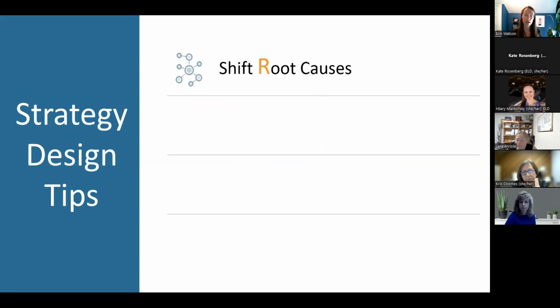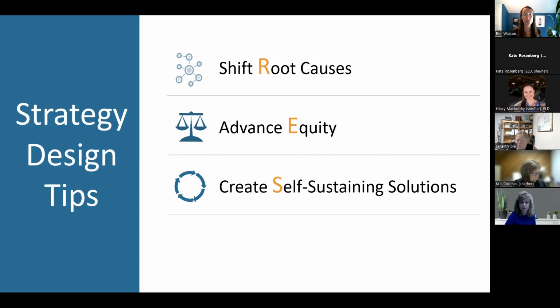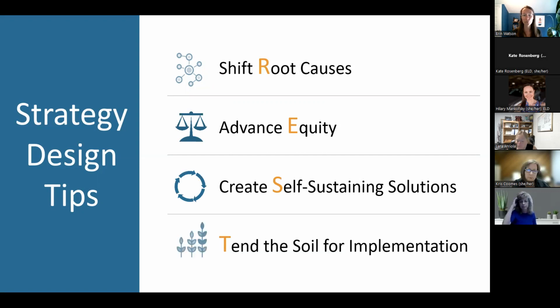First is shift root causes, and not just one root cause, but a series of root causes. Design strategies to advance equity. Design self-sustaining strategies. And tend the soil for implementation. We're going to touch on each of these. I'm going to describe them, and you're going to have a chance to apply them to an example.